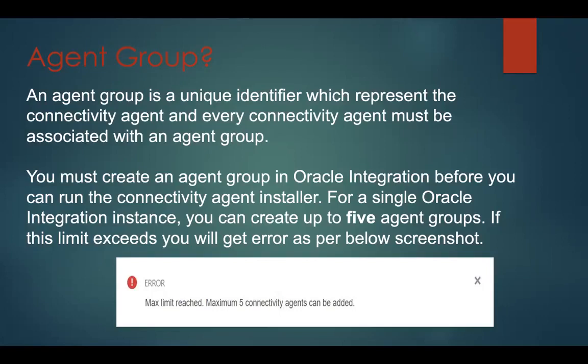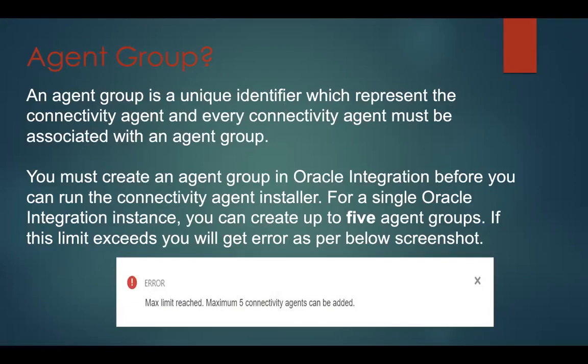And while installing the connectivity agent, you provide the identifier of the agent group so that the agent group can represent your connectivity agent. And while you create the connection, you provide the reference of the agent group only. And when you test the connection, the agent group has the reference of the connectivity agent, and accordingly the connectivity will happen.